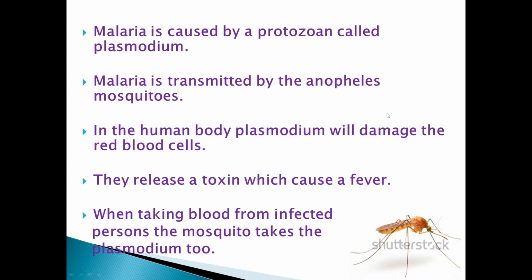And now, if this disease is going to damage your red blood cell, it of course has serious consequences, and that is simple. That is because the red blood cell has a very important function in your circulatory system. Now, in order for you to move from point A to point B, you're going to need some energy.